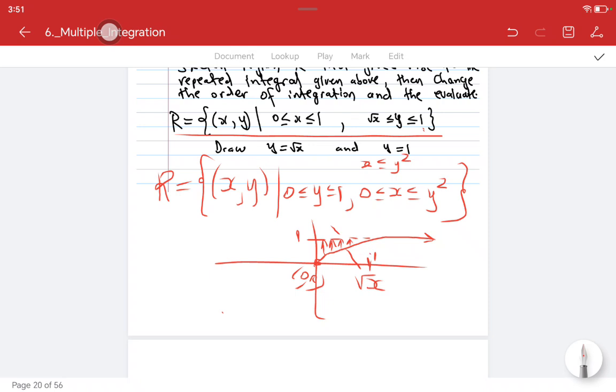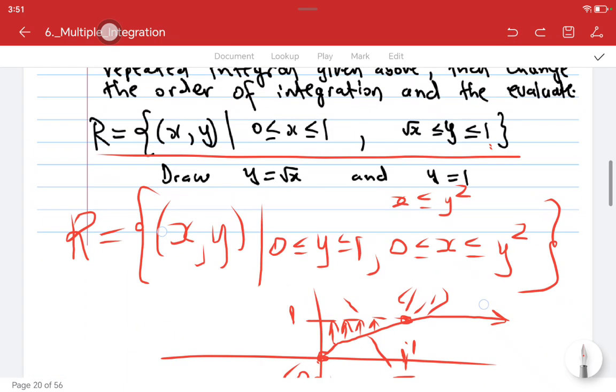So in this case, the point here will be 1, 1. So this one is not 0, 0, it's 1, 1. When x is 1, y is 1. So this is the case, right? When x is 1, y will be 1.